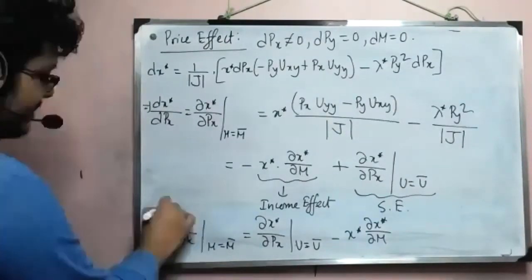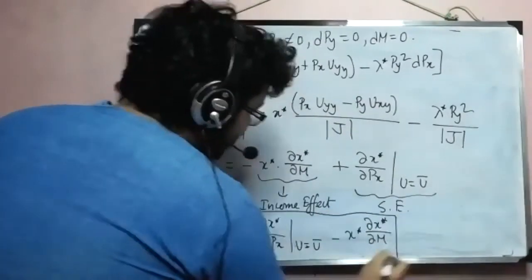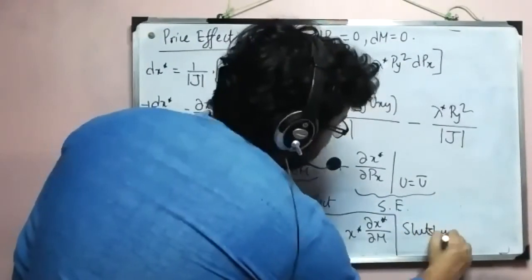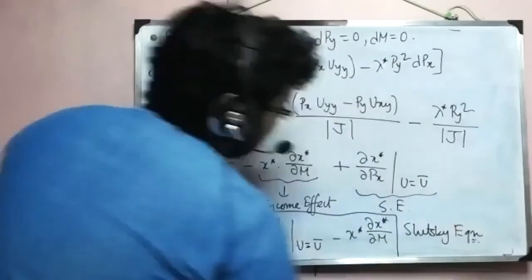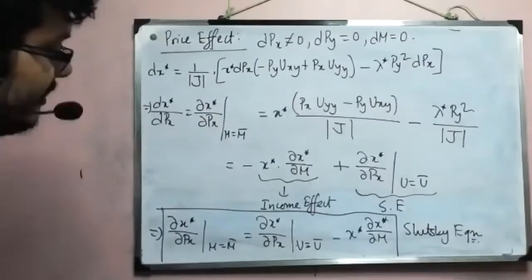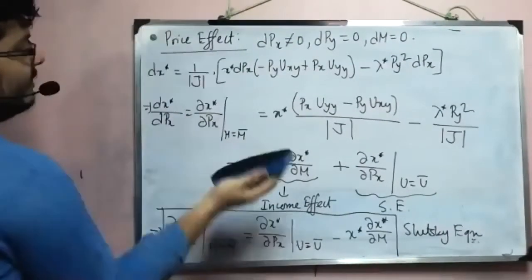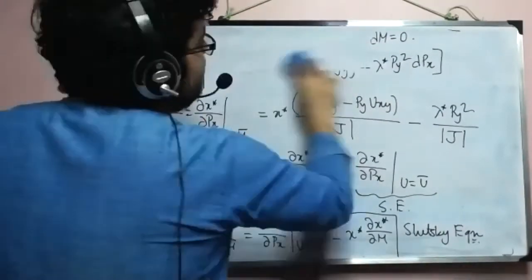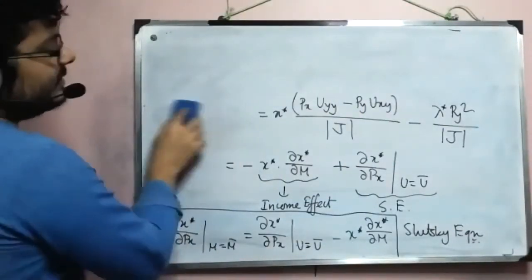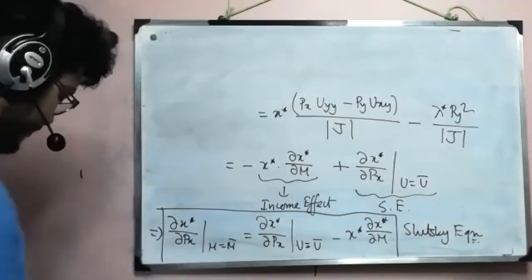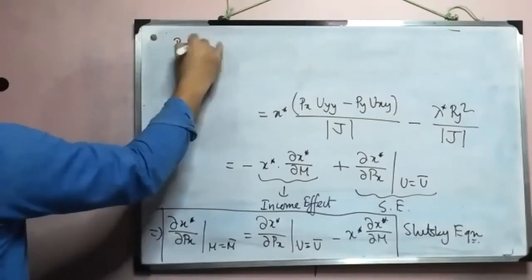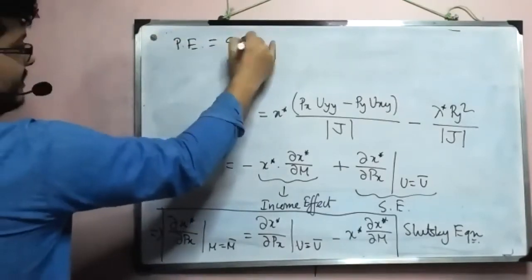Okay, so this is the structure of the Slutsky equation. All right. So symbolically, what we have written while studying this in diagrams, just to find a match, I'm writing price effect equal to substitution effect.